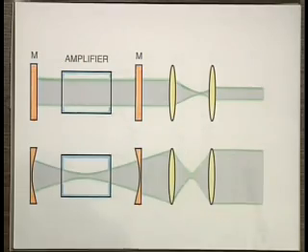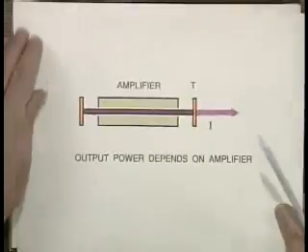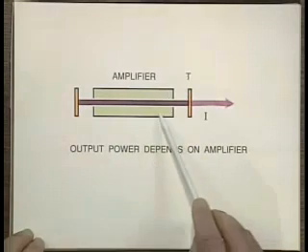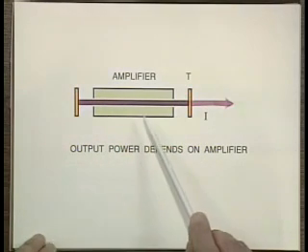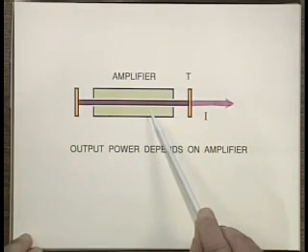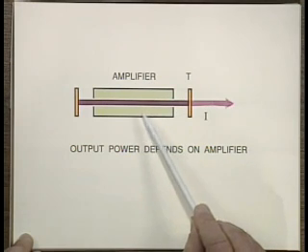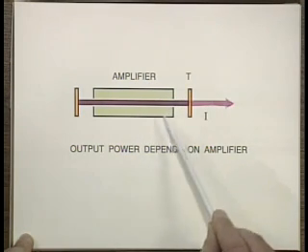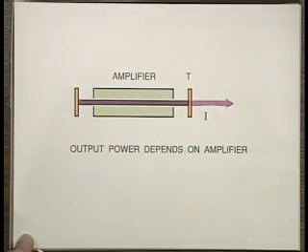Now we want to talk about where high power comes from. Well, the high power comes, obviously, from the amplifier, because it's the amplifier that gives us gain to overcome the losses, and if we have more gain left, that can be converted to power out.